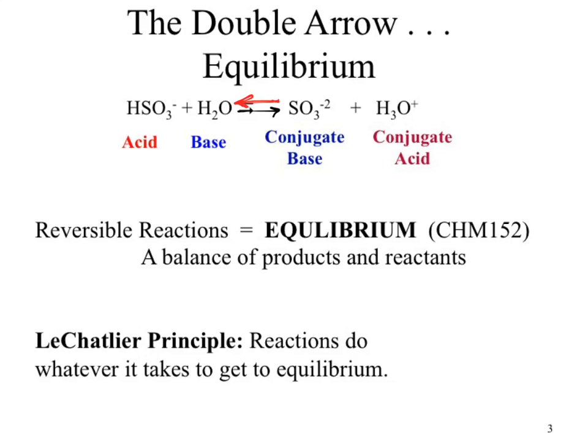We're not saying that the concentrations are the same for each of our reactants and products. We're saying that the rate, how fast we do the forward direction and how fast we do the reverse direction, balance out. So it has to do kind of with a rate and not with a rate all at the same time.